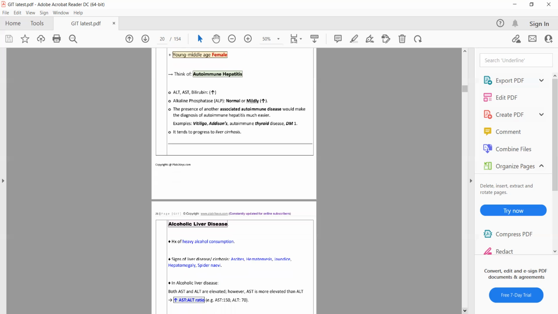Remember that normally in hepatitis, such as autoimmune hepatitis, ALT is raised more than AST. But in alcoholic liver disease, the ratio of AST and ALT is reversed. Both AST and ALT are elevated, however, AST is more elevated than ALT.